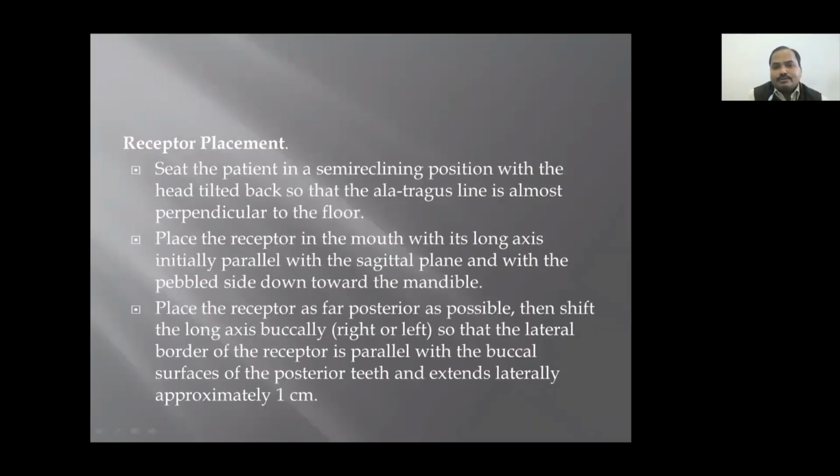In this case also, the receptor placement will be similar to the 90 degrees view or the true occlusal view, and it will be placed initially parallel with the sagittal plane and with the pebble side downward towards the mandible, and the receptor is placed as far posteriorly as possible, then shifting the long axis buccally either right or left so that the lateral border of the receptor is parallel with the buccal surface of the posterior teeth and it extends laterally approximately 1 centimeter.